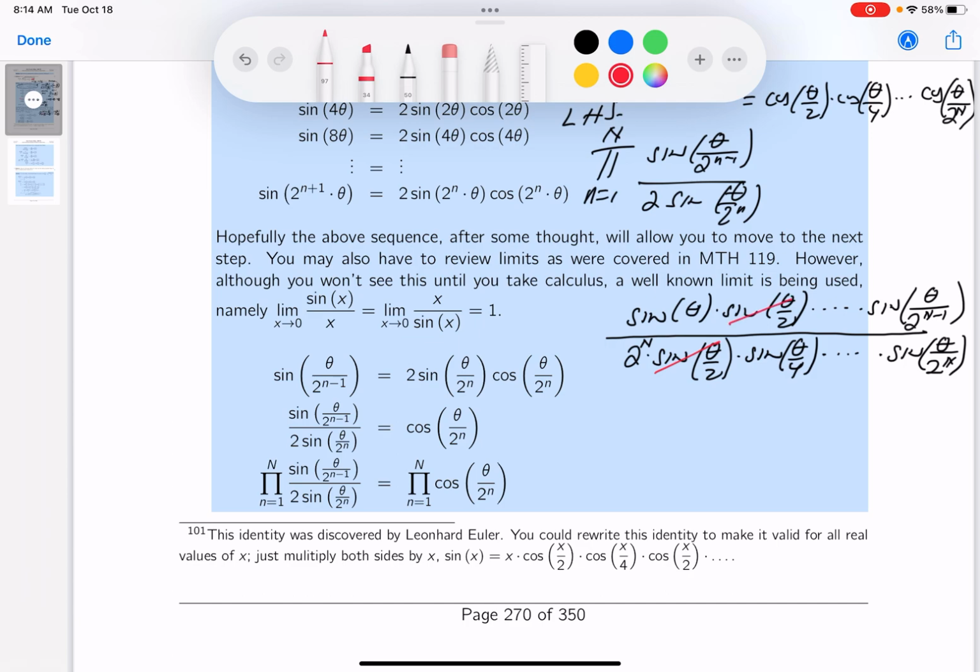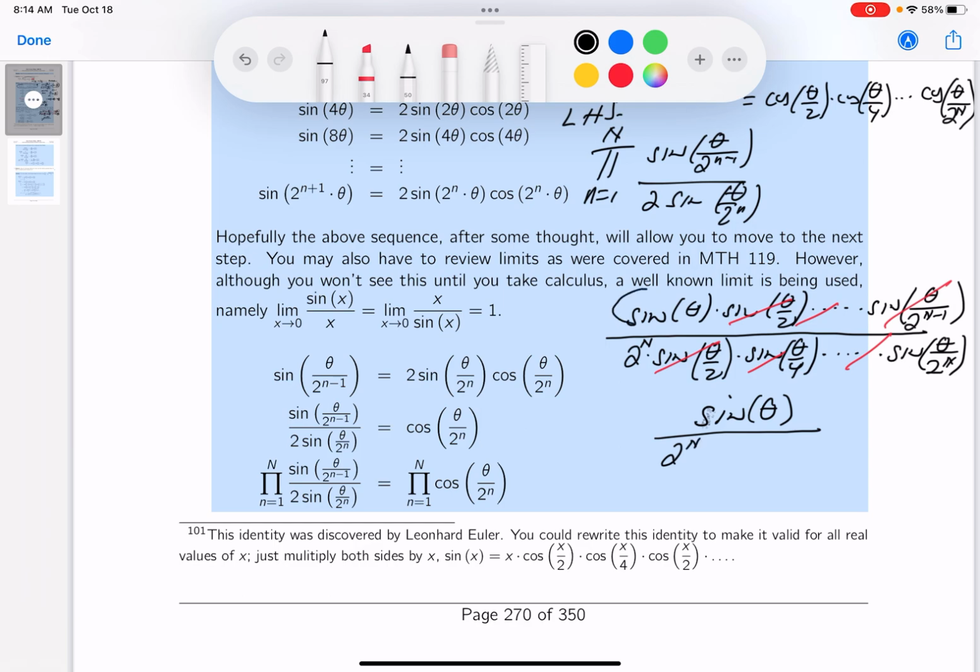This cancels. There'll be one here that cancels, and there's one here that also cancels. And you're left with something pretty simple on the left-hand side. You're left with the sine of theta on top, and on the bottom you get 2 to the n.